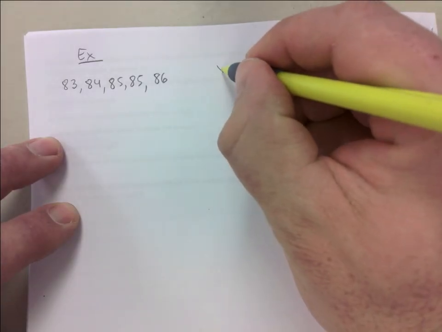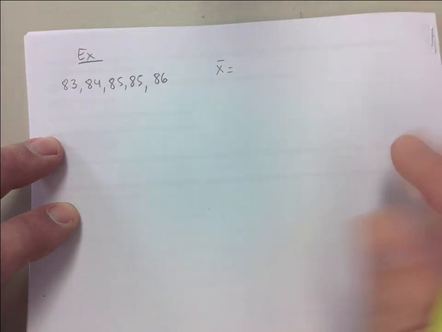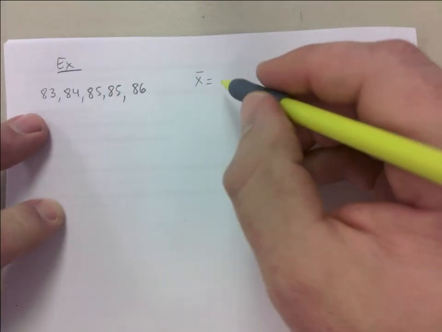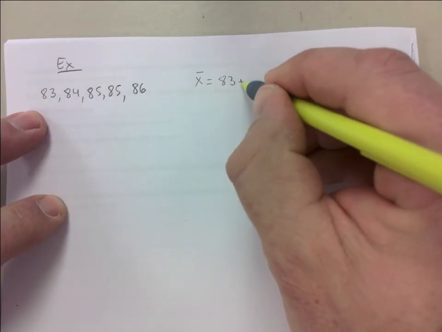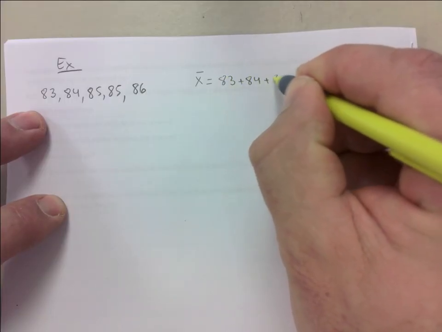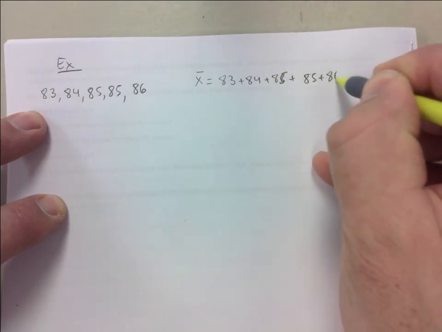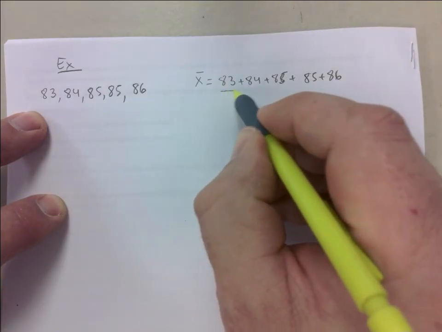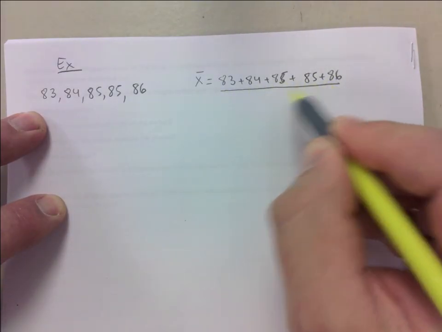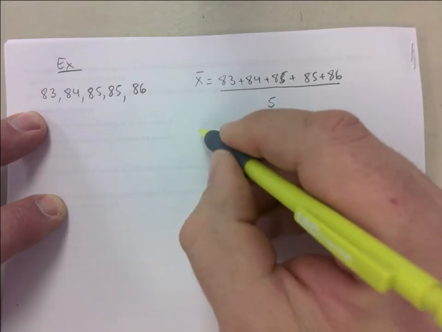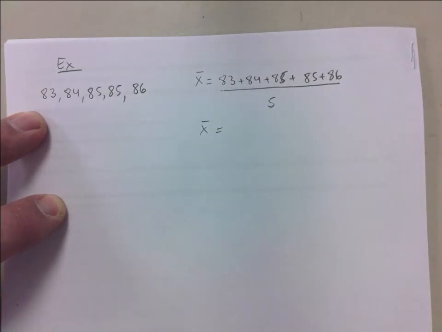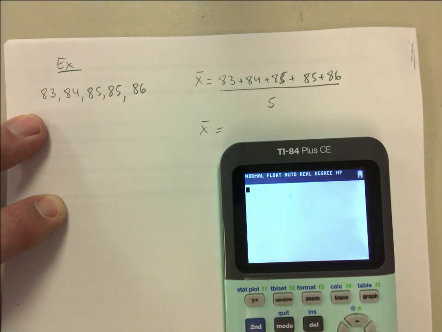Let's figure it out. I wouldn't mind you writing this down because it's good practice. 83 plus 84 plus 85 plus 85 plus 86. We add this all up and divide by 5 values. I just made this up, so I'm in the same boat as you.